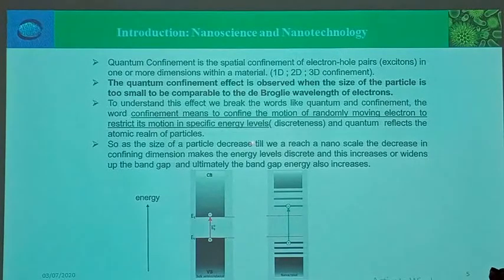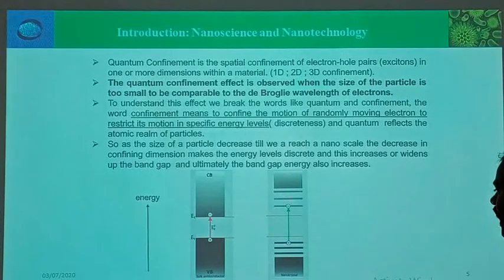So as the size of the particle decreases till we reach the nanoscale, the decrease in the confining dimension makes the energy levels discrete, more and more discrete, and this widens the band gap, and ultimately the band gap energy also increases. So you can consider in the case of bulk, here is the conduction band, here is the valence band, here is the band gap energy.